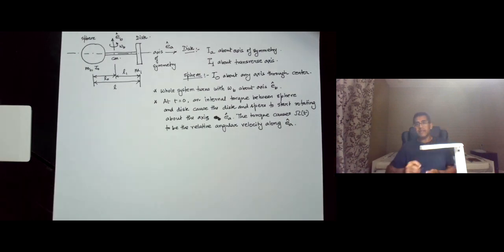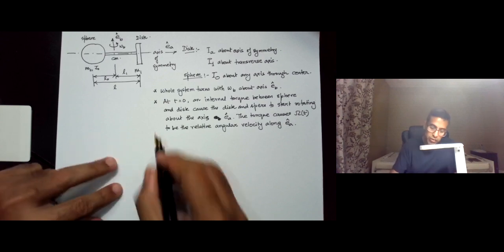Okay, so omega t is the relative angular velocity along EA as a function of time. Initially there is no angular velocity along EA.